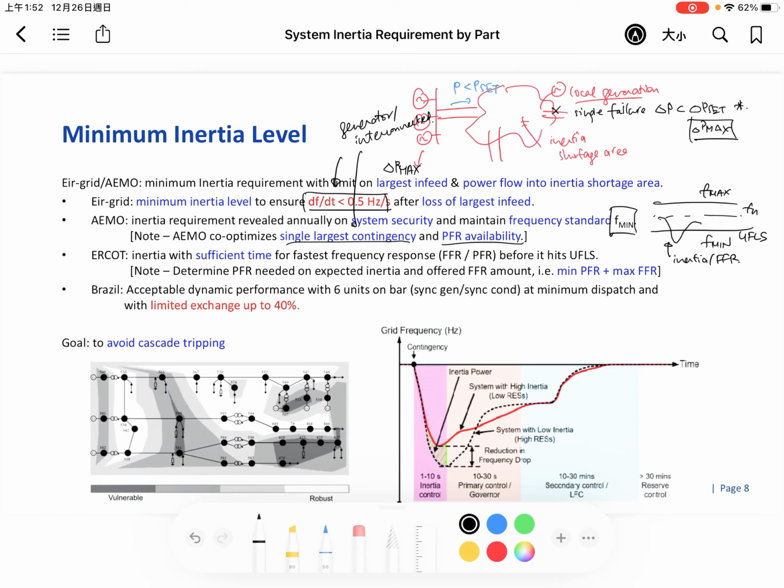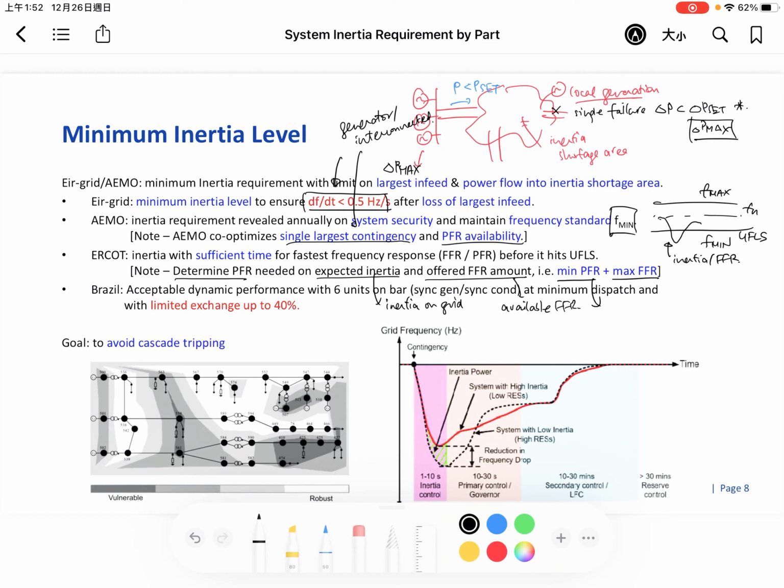So their way is to determine the PFR based on the expected inertia and also to offer an FFR amount, which means that you have the inertia on the grid and you can have some kind of fast frequency reserve.